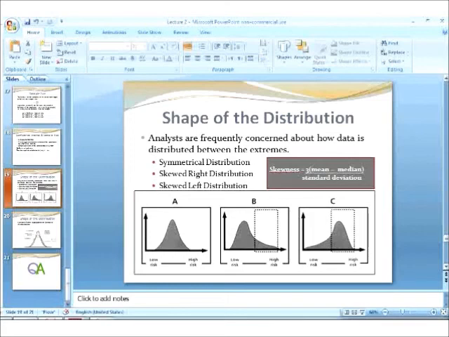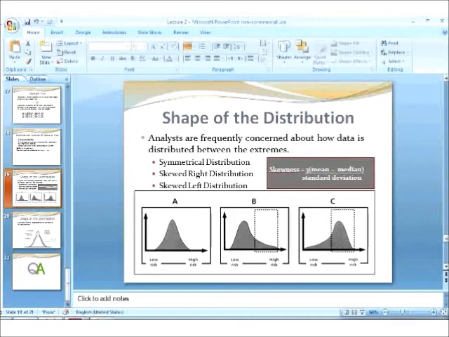So see, these are the different shapes of the distribution. Now, the shape of the distribution is called skewness. How skewed my data is. That tells me whether the data is normally distributed or not. So we plot the shape. The shape of the distribution also tells us whether our data is symmetric or skewed from its mean.